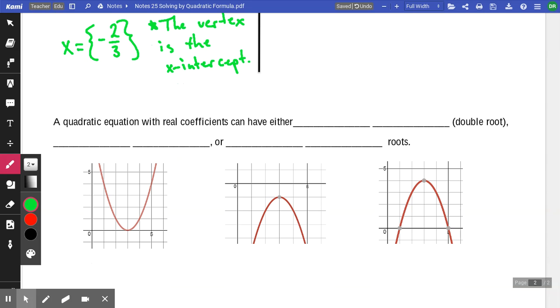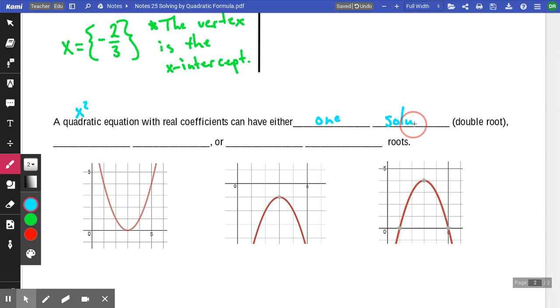So just one last bit here to tie in what we've talked about. We hopefully know that these equations that have x squared, these quadratic equations, have two solutions. And so what could happen is you could either have, as we've seen, one solution. And we have a name for that.